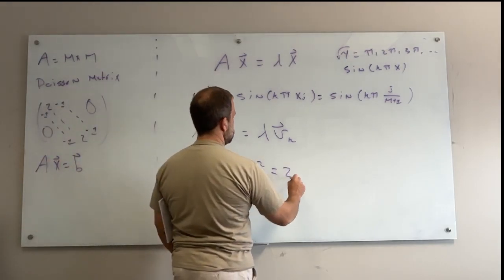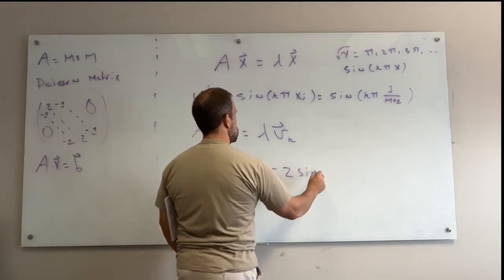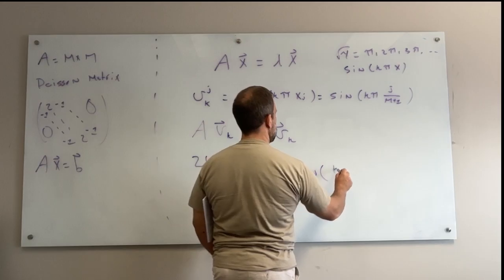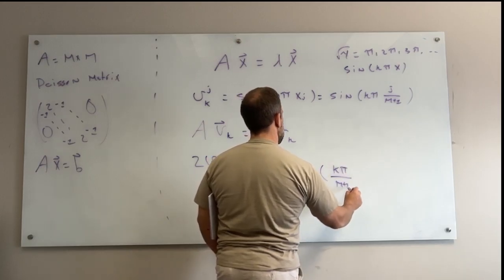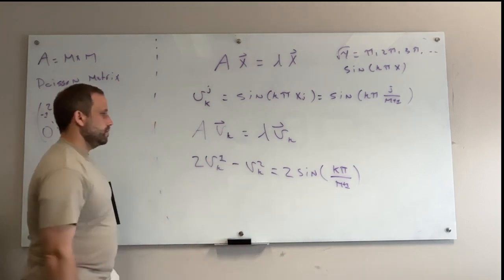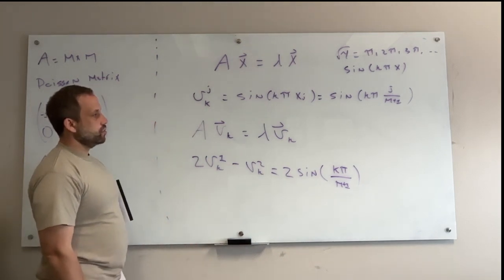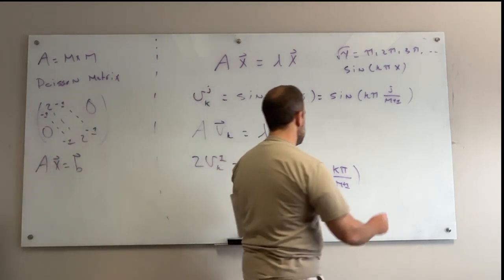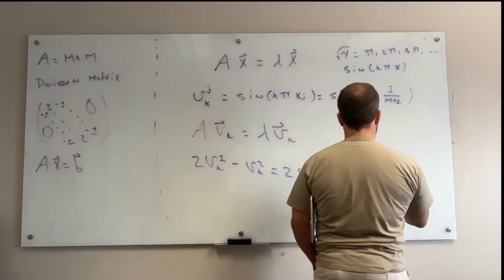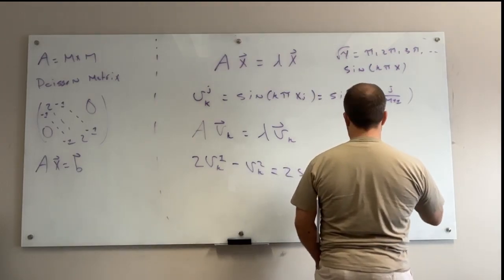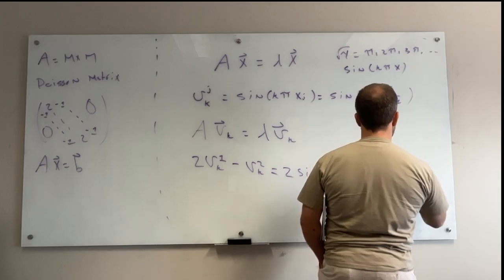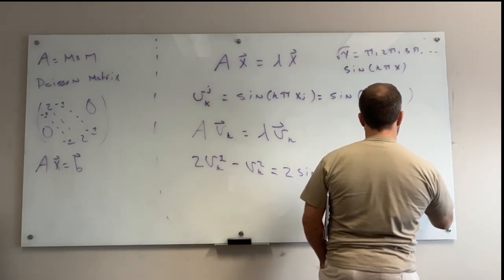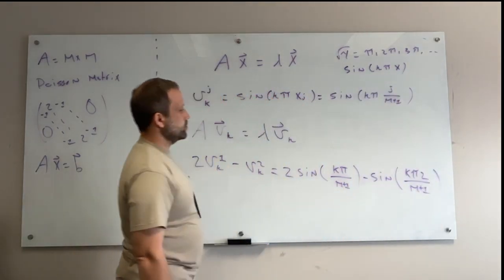It's equal to 2 times sine of k pi over n plus 1. We're just doing j equal to 1. And then minus sine of k pi 2 over n plus 1. That's when j is equal to 2.